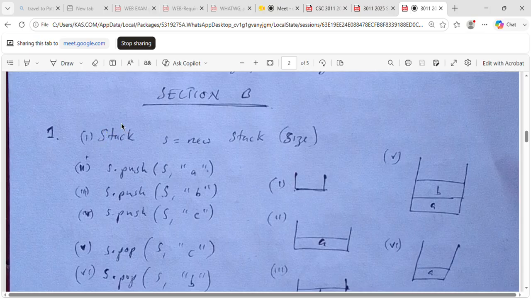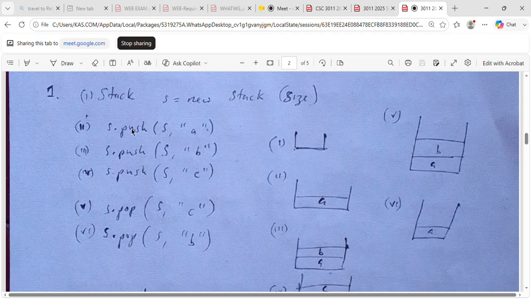So you create what we are calling a stack, then you create the object for that. Then a new keyword, then the constructor, and you pass in the size there. Then you begin the concept of push and pop using the object.